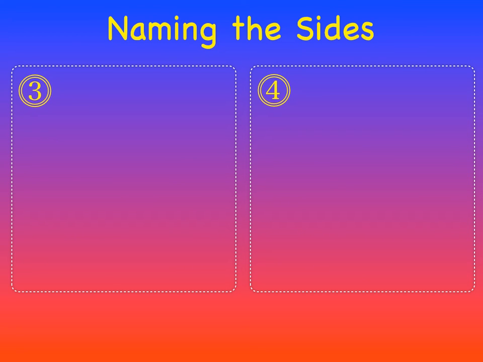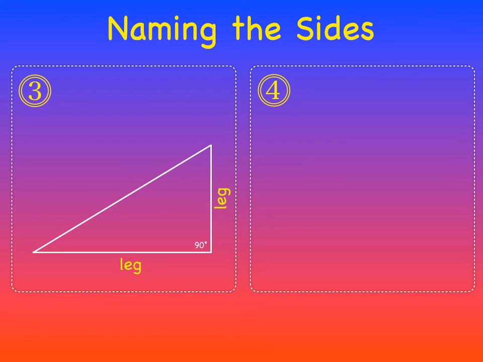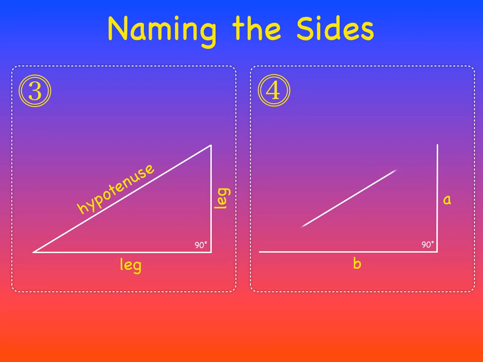Ways number 3 and 4. Leg, leg, hypotenuse. A, B, C.